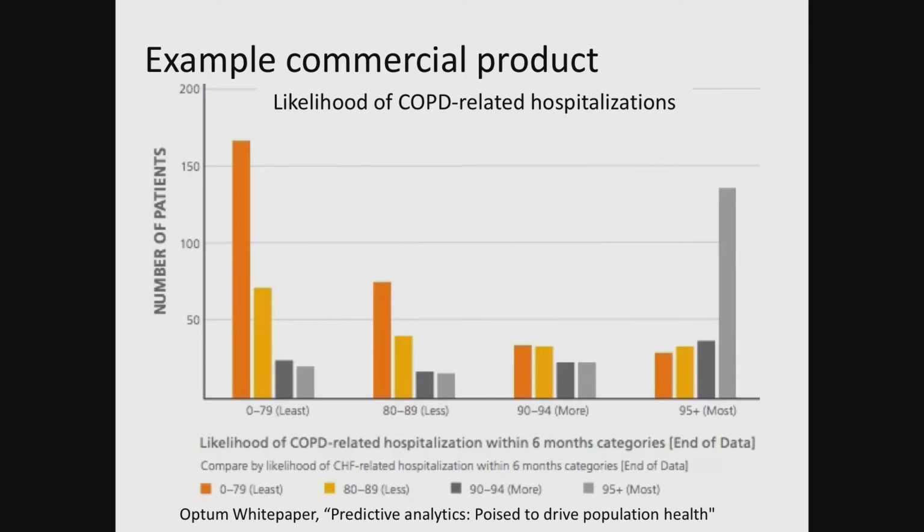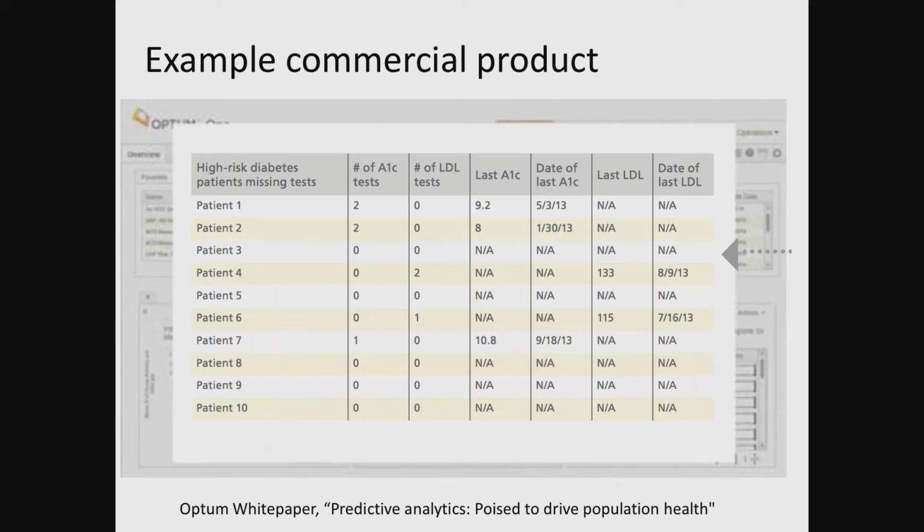And then one could dig in deeper. So for example, you could click on one of those buckets and try to see, well, who are the patients that are highest at risk? And what are some potentially impactful aspects of those patients' health? Here I'm showing you, for a slightly different problem, that of predicting high-risk diabetes patients.